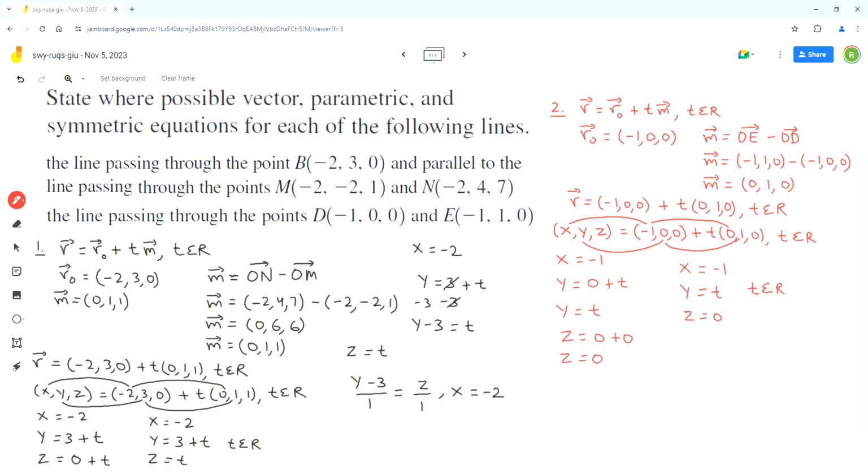Now we can write the symmetric equation. Now in the direction vector, two components are equal to 0, x and z. That means we cannot write the equation of this line in symmetric form. So there's a very important concept we need to understand and memorize, so we can explain our answer.